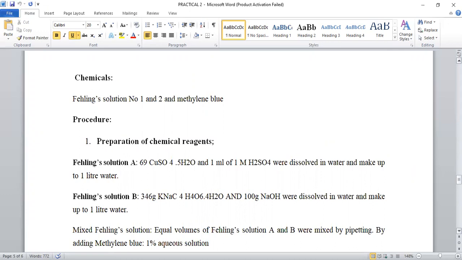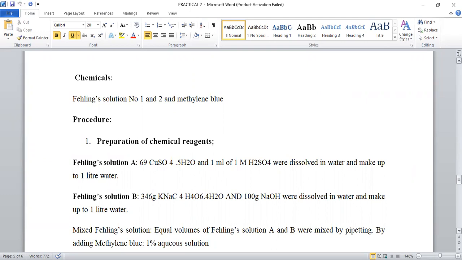Firstly, we will prepare the chemical reagents, which are Fehling solution A and Fehling solution B. For preparing Fehling solution A, we will use 69 grams of CuSO4.5H2O and 1 milliliter of 1 molar H2SO4, which will be dissolved in water and made up to 1 liter.